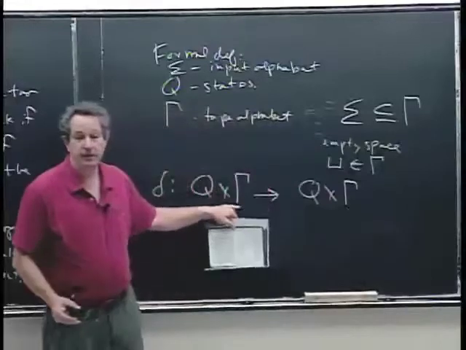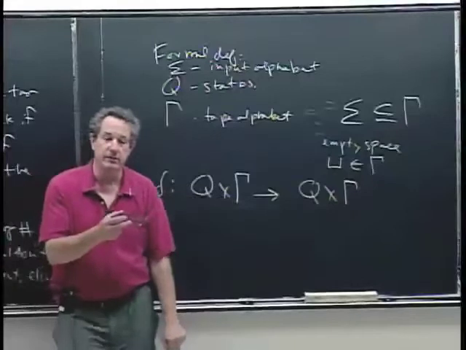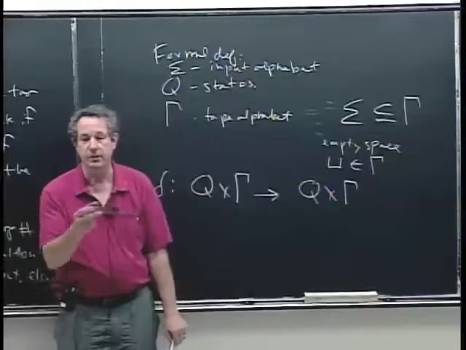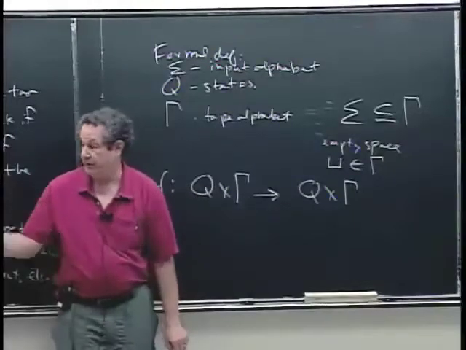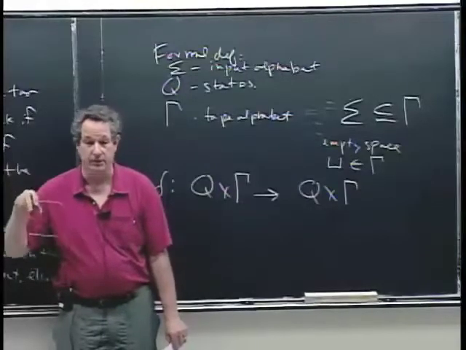The left side needs to be the tape alphabet, because the Turing machine can move back, and we saw it over here, to read again something that it's written.